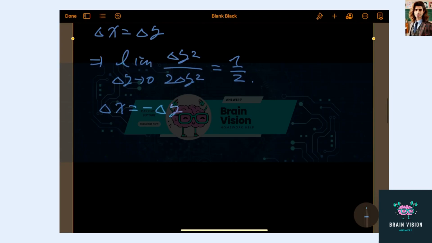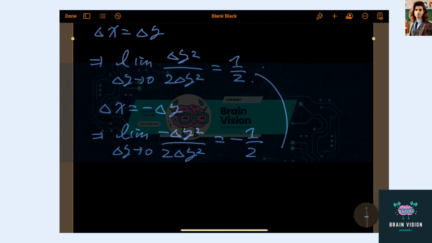That means that the limit as delta y approaches 0 of negative delta y squared over 2 times delta y squared equals negative 1 over 2.